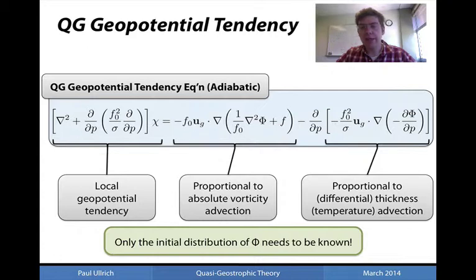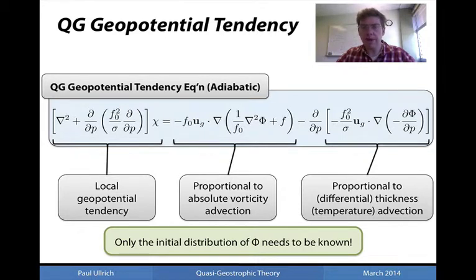So when you see minus UG dot, that is associated with advection of layer thickness. And in particular, we're looking at vertical shear of that particular quantity, hence the addition of the additional pressure derivative here immediately before that expression.